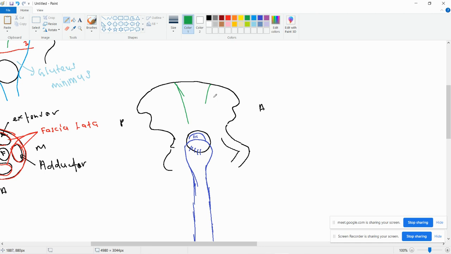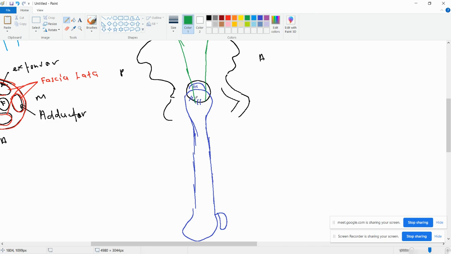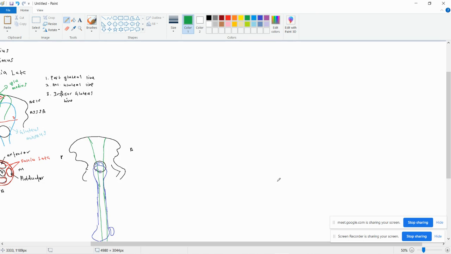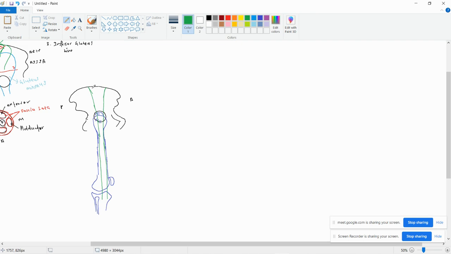It crosses your hip joint, this thickening of the fascia lata, laterally along your femur until it reaches the lateral condyle of the tibia and attaches there. So all this structure, which extends from your iliac crest, your ilium, along your femur laterally until the lateral condyle of the tibia, is what we call the iliotibial band.